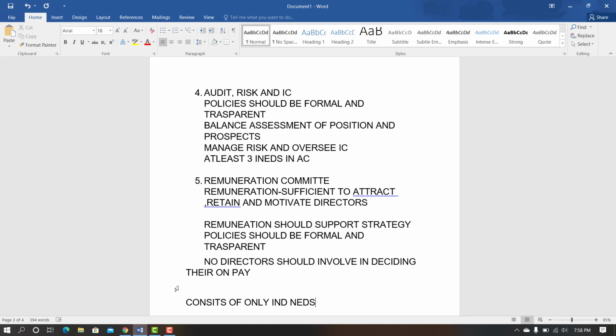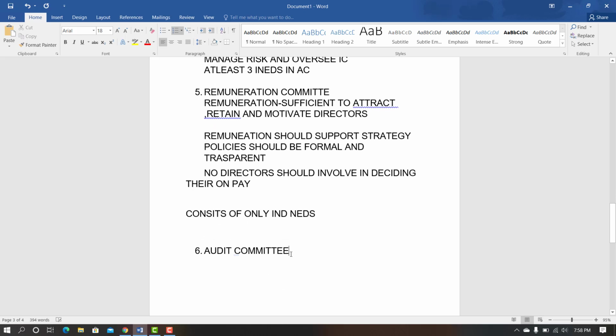So let's go to the next principle, that is audit committee. This is one of the most important committees. So we are going to read this. So let's start. It consists of at least 3 independent entities.